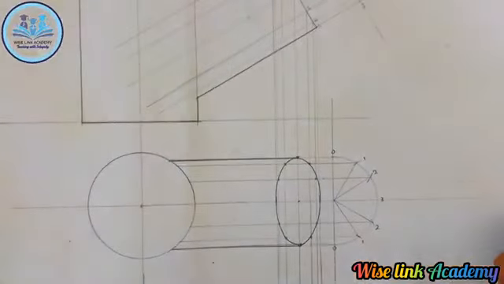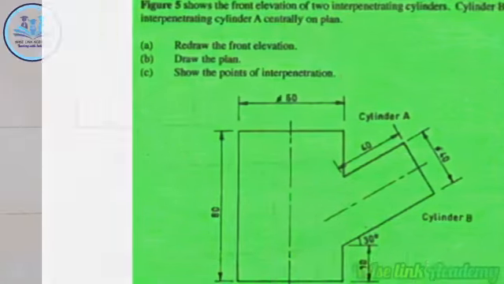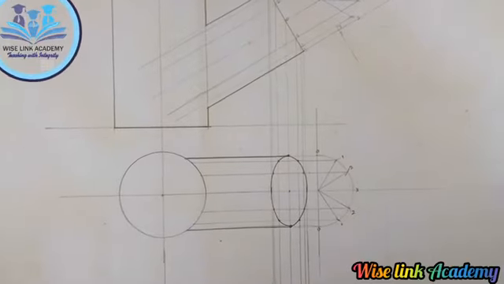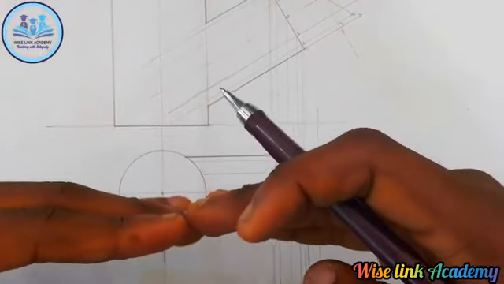The next question says what? As you can see in the corner of the screen, the next question says that you should draw the interpenetrating arc. Let's draw the interpenetrating arc. When two pipes meet together, there will be an interpenetrating arc.